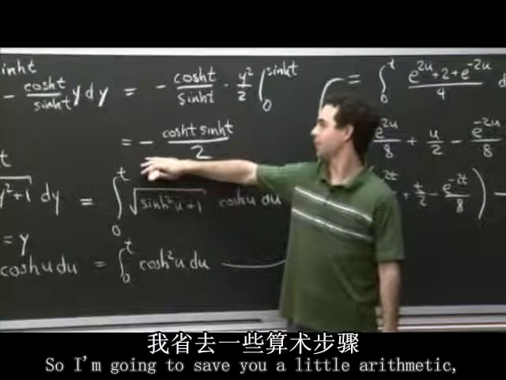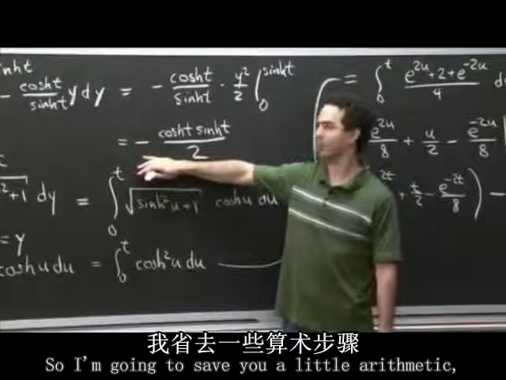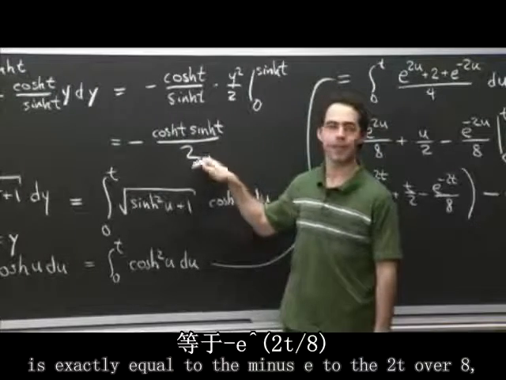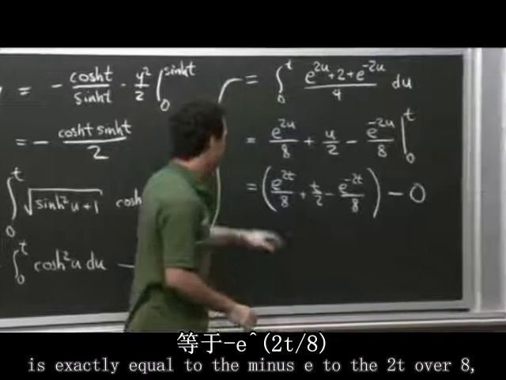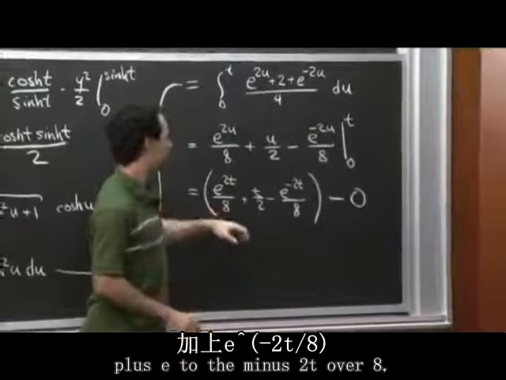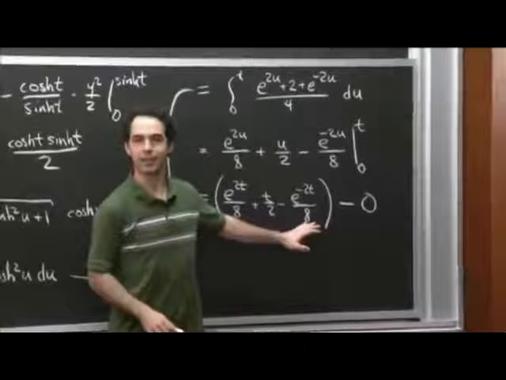Okay, so I'm going to save you a little arithmetic, and I'm going to observe that minus cosh t sinh t over 2 is exactly equal to minus e to the 2t over 8 plus e to the minus 2t over 8.